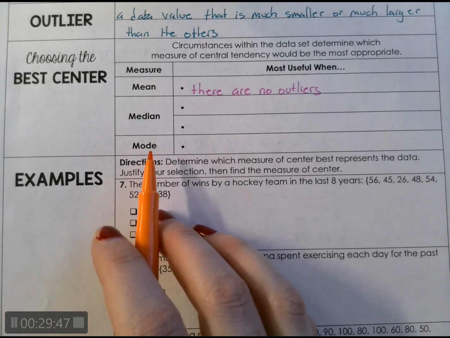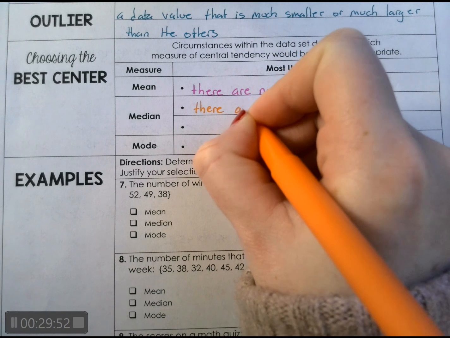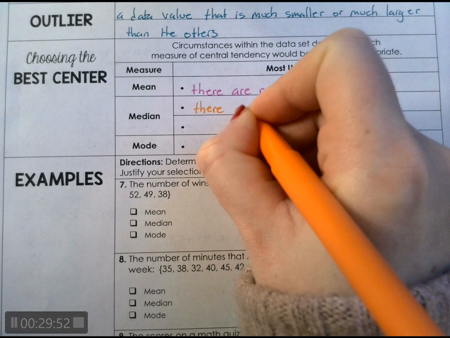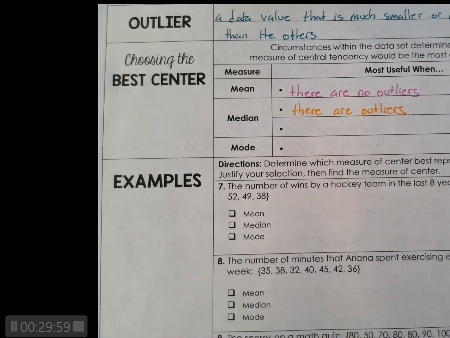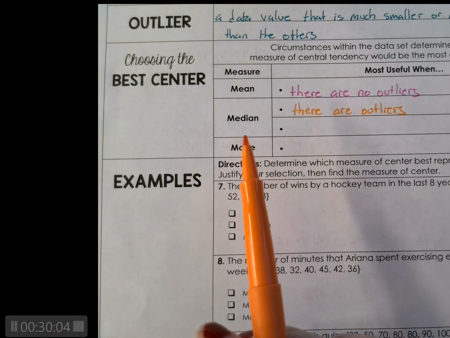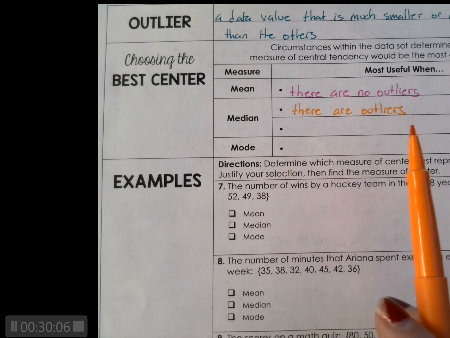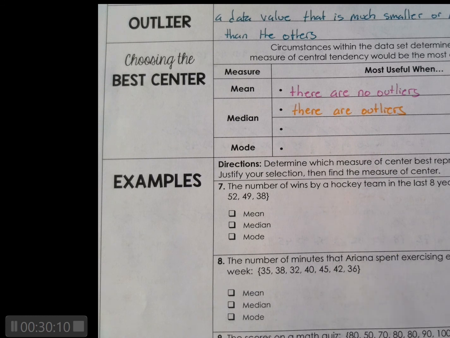Your median is most useful when there are outliers. Sorry guys. So just to make sure, because my computer kind of died for a second, your median is most useful when there are outliers. And this is kind of like that problem before with the track times. That's because regardless of what the time is, your median will still be the same, or at least within it.